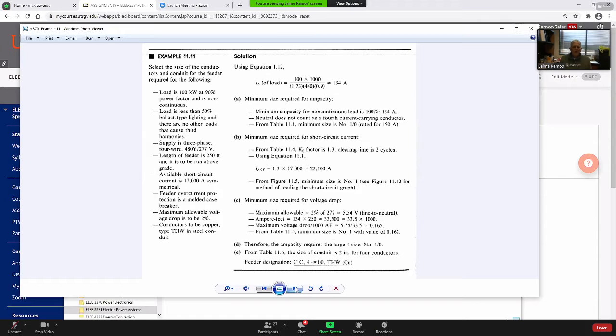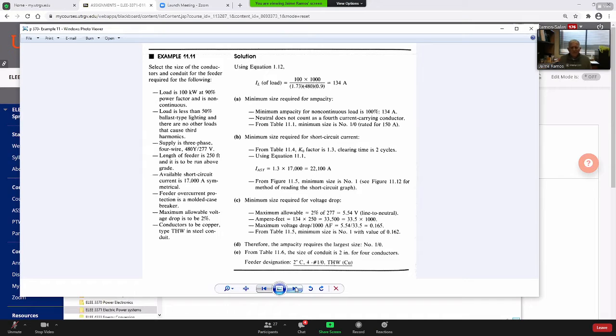So then the normal current is 134 amps. Requirements for ampacity: non-continuous load, 100%, same. Neutral does not count as a current carrying conductor.